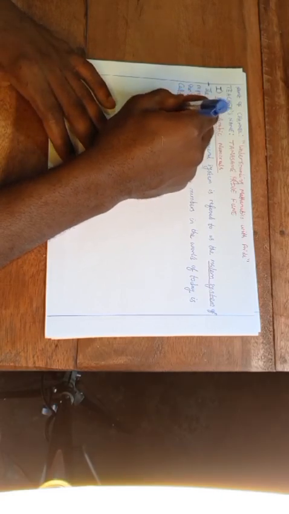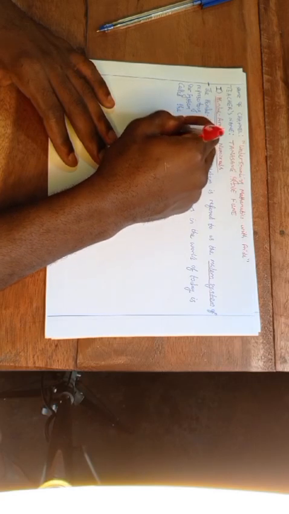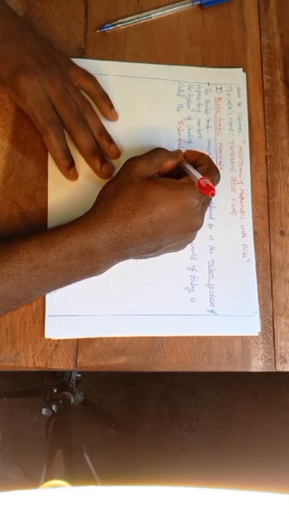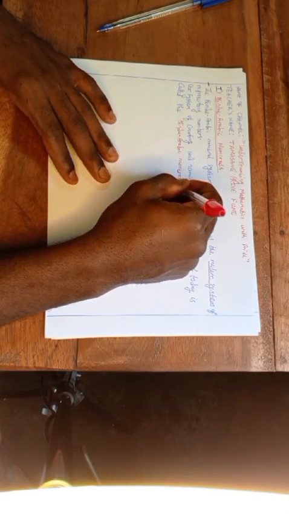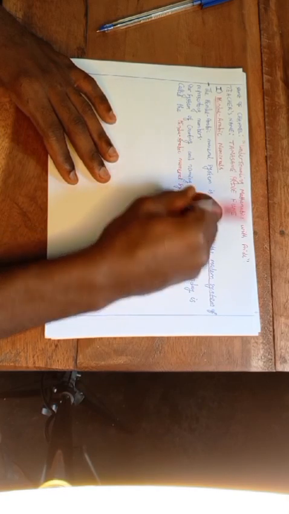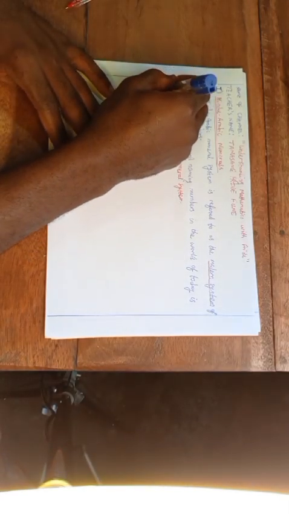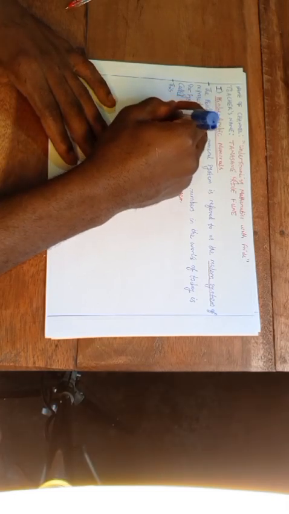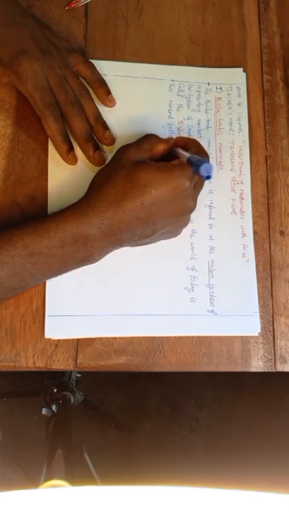In the world of today is called, I'll write with a red pen, the Hindu-Arabic numeral system. When you hear Hindu, you think of the Indians. Arabic, you think of the Arabs. So it is a merging of two numeral systems that gave us this modern numeral system we are using.